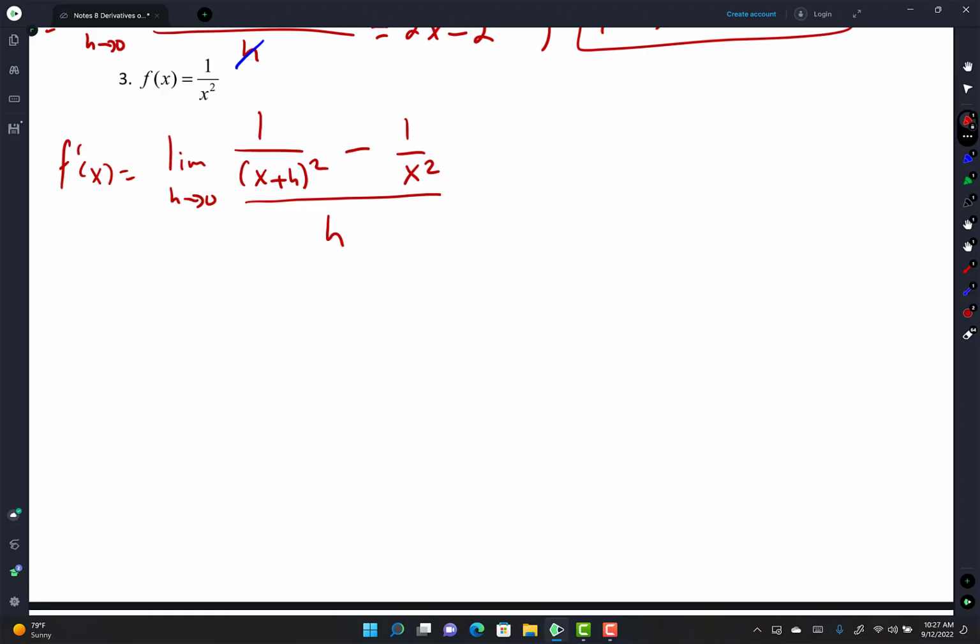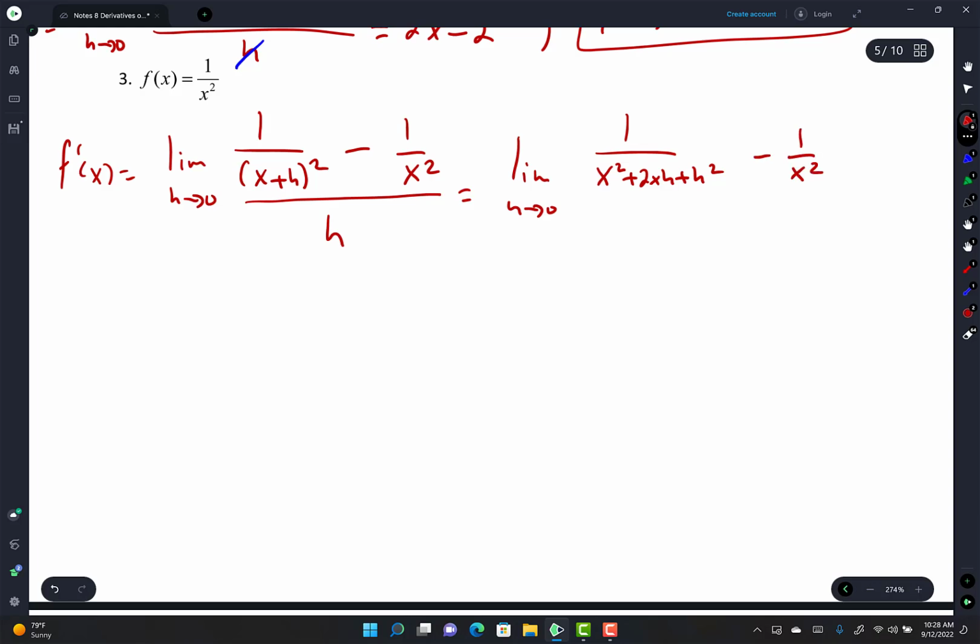Common denominators, and I guess let's go ahead and expand it first. Equals limit as h approaches 0, 1 over x squared plus 2xh plus h squared minus 1 over x squared, and all that is still over h.